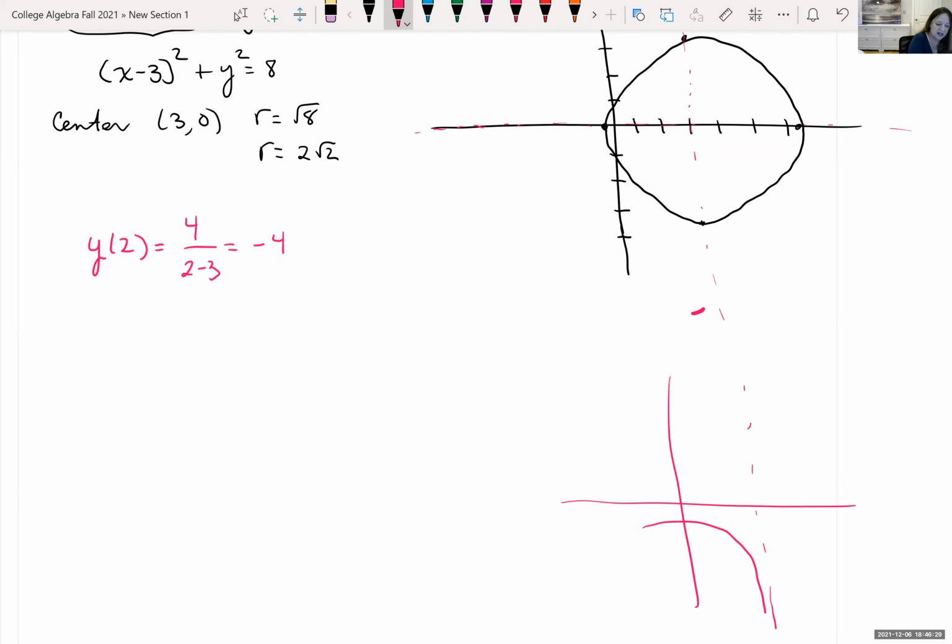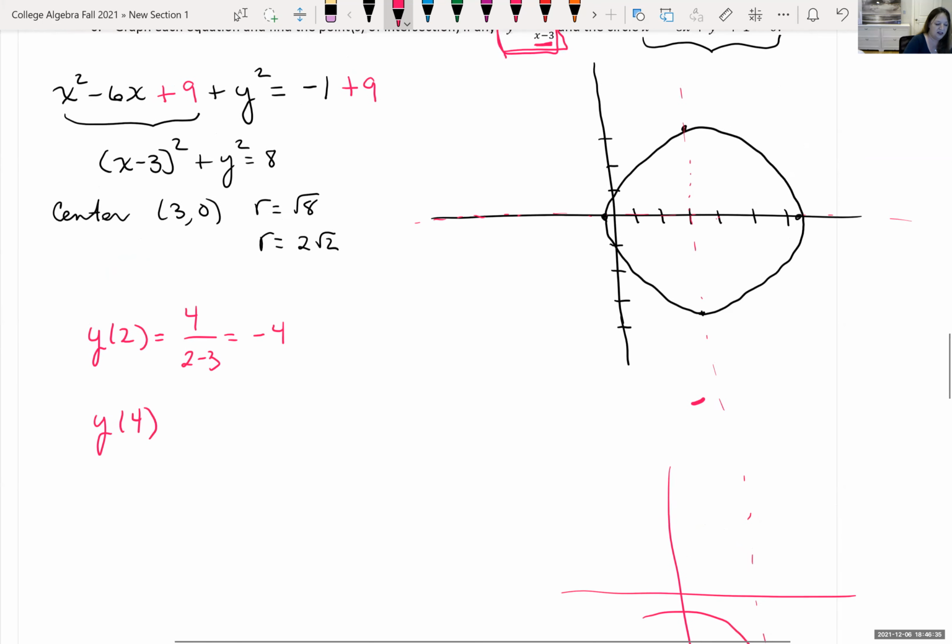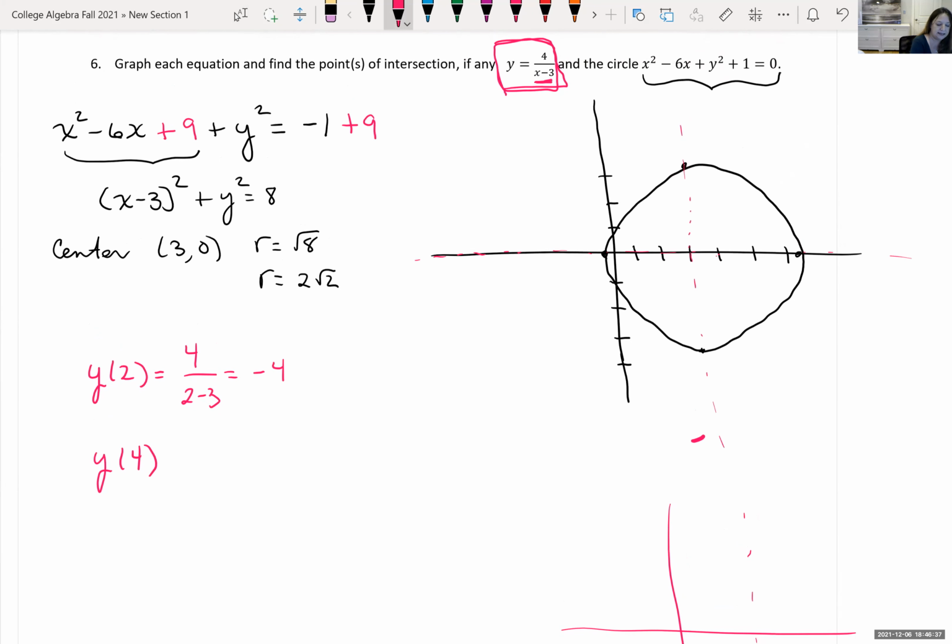Now, if I look at another point, so maybe x equals 4. Plugging in 4, wherever I see an x in here for this value of y, I got 4 over 4 minus 3, which is 1. So 4 over 1, which is 4.